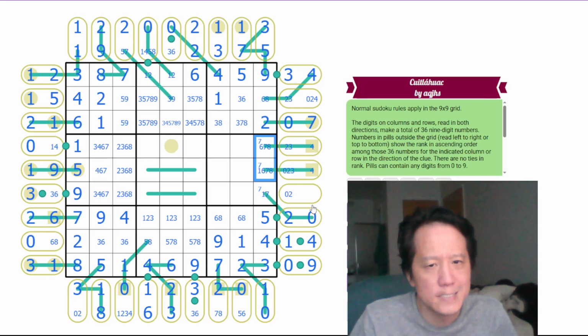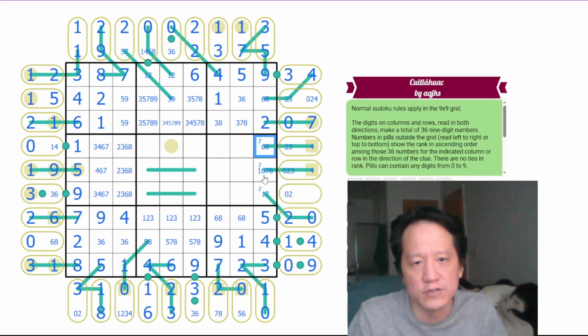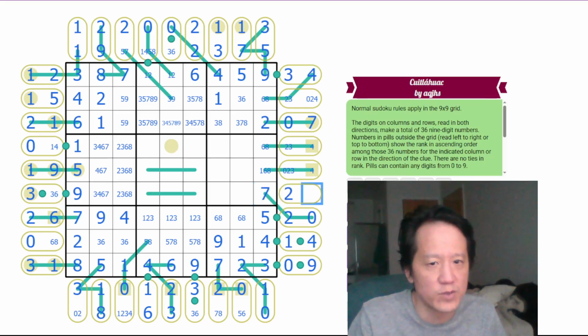Right? 0, 3, 6, 9 are the only 0 mod 3s, and the only even ones are 0 and 6, and 7 doesn't belong in the 20th rank. So it would have to be 26. So 7 cannot be either of these. Since 7 cannot be either of these, where is the 7 in column 9? It has to be here. So this is 7, which makes this 20-something.